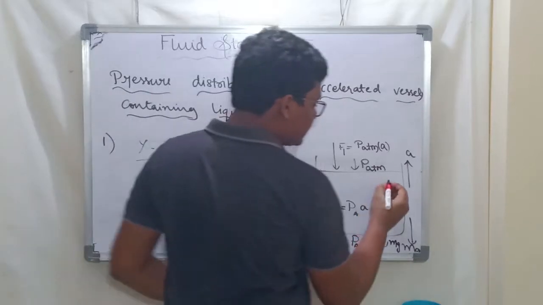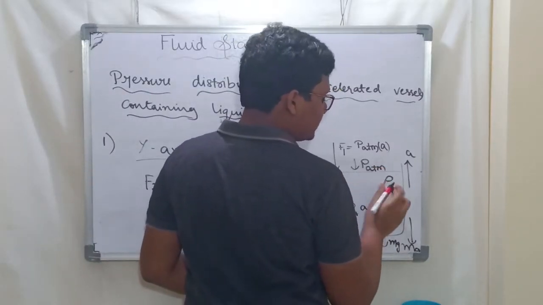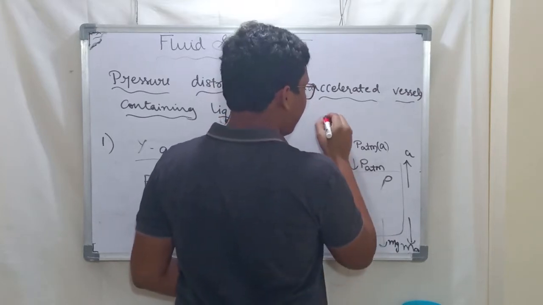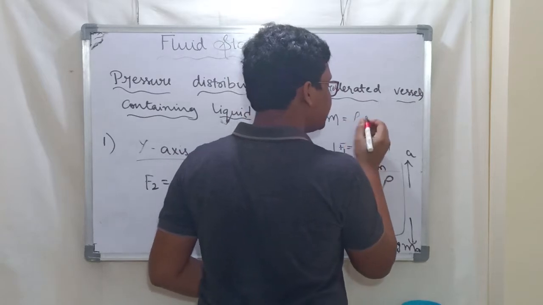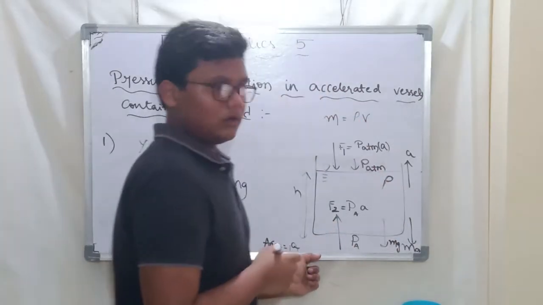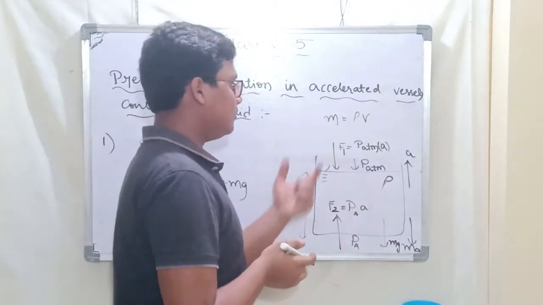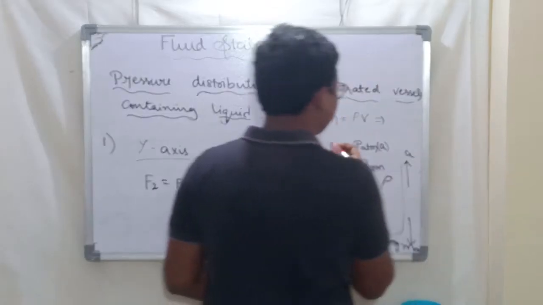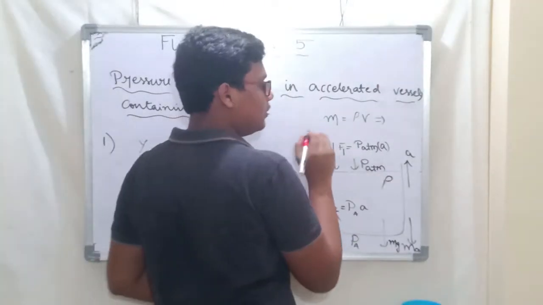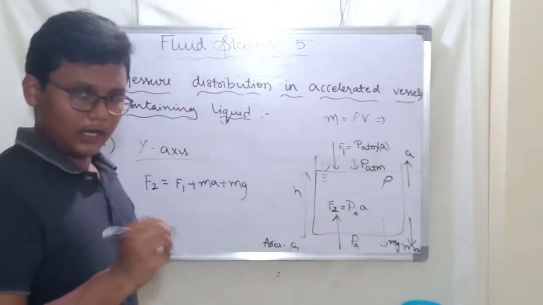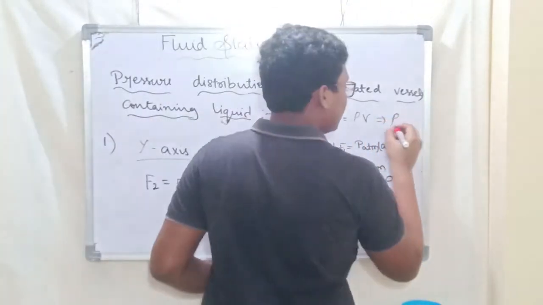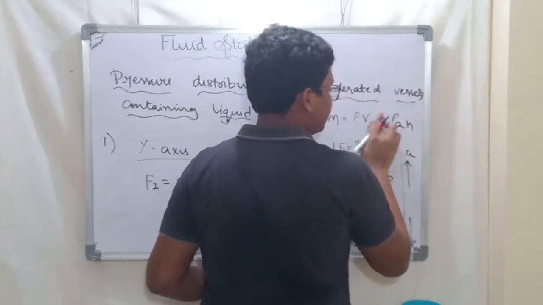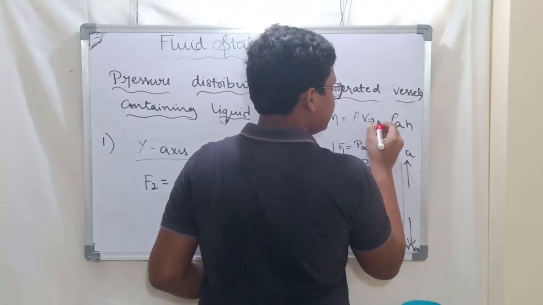This liquid has a density rho. We know that density is mass by volume, so mass is equal to density into volume. Volume is area into height, so rho times area times small h is the mass.